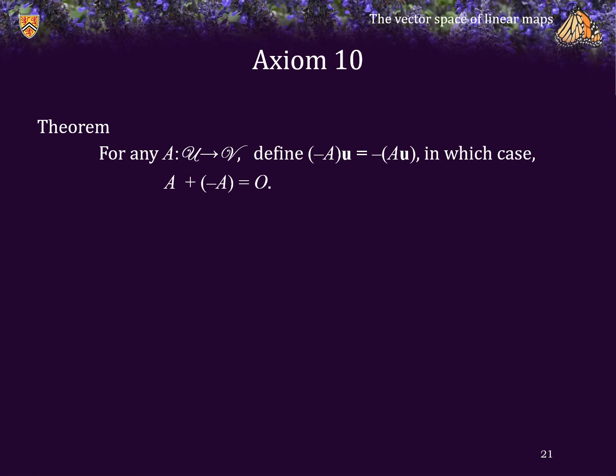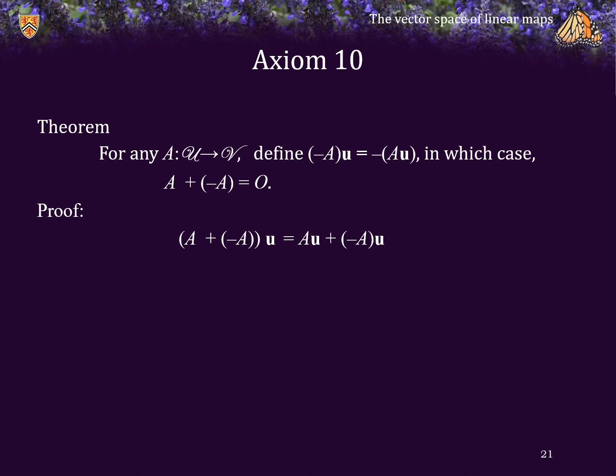Finally, for any linear map A mapping a vector space U onto a vector space V, we will define the additive inverse of A as that map which takes u onto the additive inverse of A applied to u. So in this case, A plus its additive inverse is equal to the zero map. Proof.